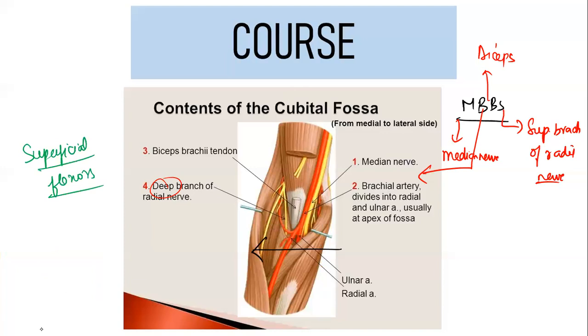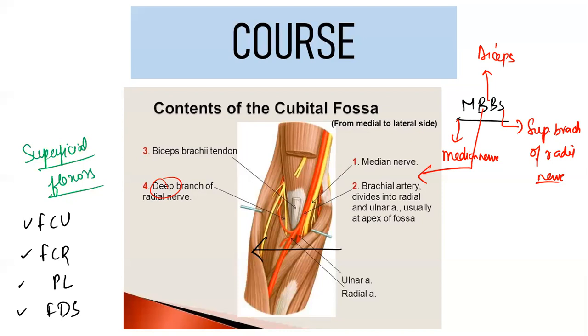So what are the superficial flexors that you know? This is why I told you to recap the muscles of the forearm and the hand. The superficial flexors include four: flexor carpi ulnaris, flexor carpi radialis, palmaris longus, and flexor digitorum superficialis. Yes, these are the four superficial flexors. Now, the median nerve in the cubital fossa is going to give rise to branches to the superficial flexors.